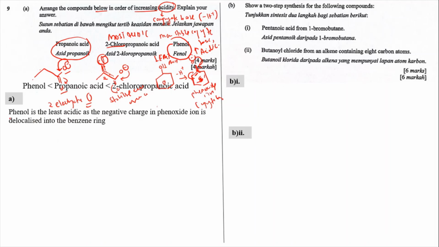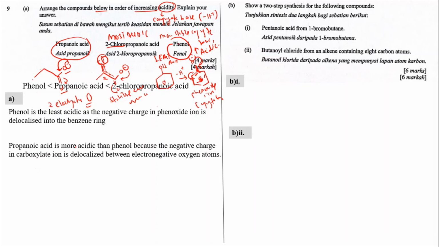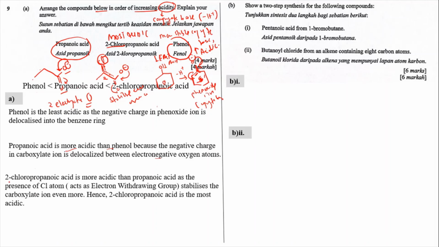This is because phenol is going to be the least acidic as the negative charge is delocalized into the benzene ring, which consists of carbon and carbon atoms. Meanwhile, propanoic acid is more acidic than phenol because the negative charge in the carboxylate ion is delocalized between the electronegative oxygen atoms. And 2-chloropropanoic acid is more acidic than propanoic acid as the presence of the chlorine atom acting as an electron withdrawing group will stabilize the carboxylate ion even more. Hence, 2-chloropropanoic acid is going to be the most acidic amongst all of them.